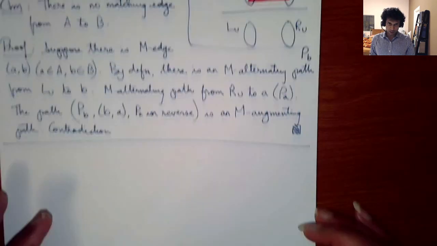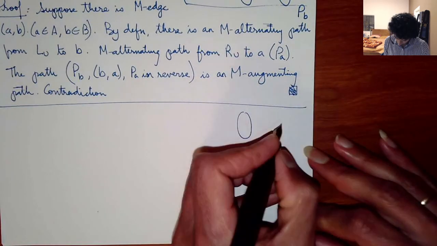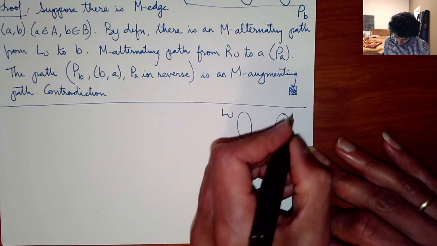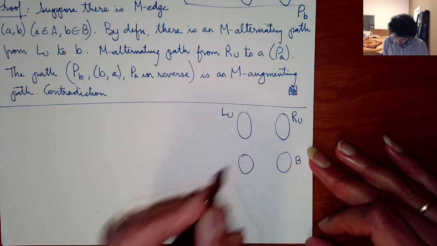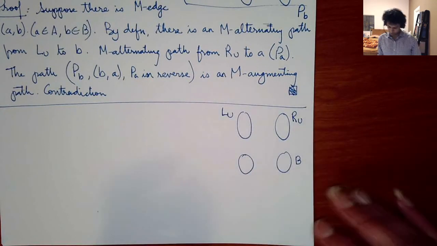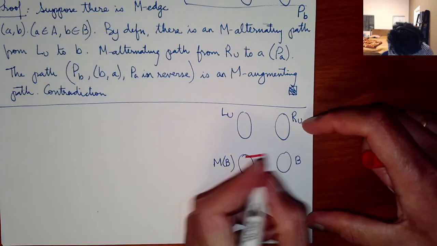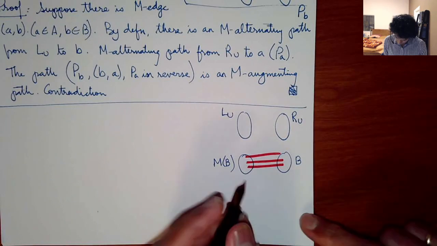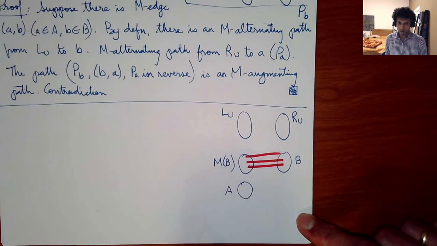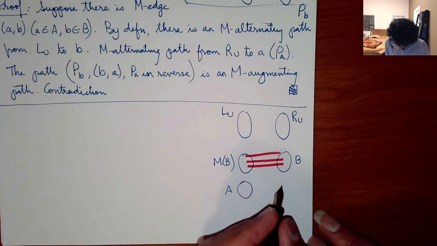Now let me draw the picture out again. This is LU, this is RU, here is B, and these are the partners of B, which I'm going to refer to as M of B. These are matched here. Then I have the set A. Now we argue that A is disjoint from M of B, so I can draw the picture as follows.